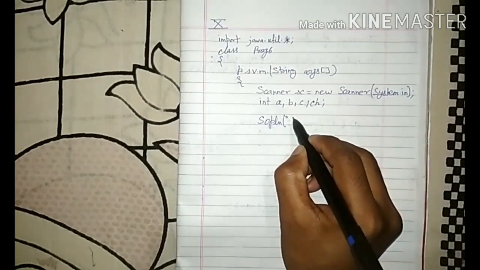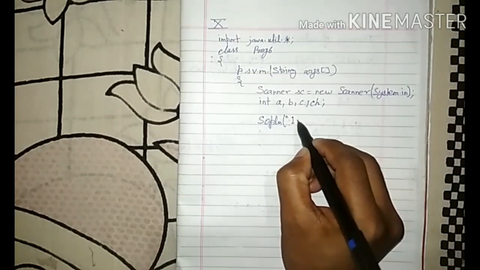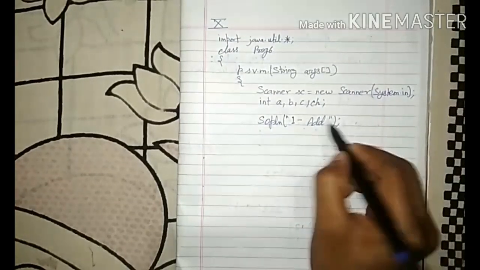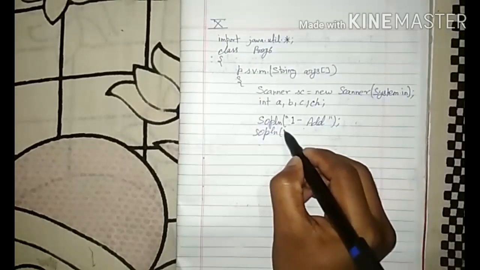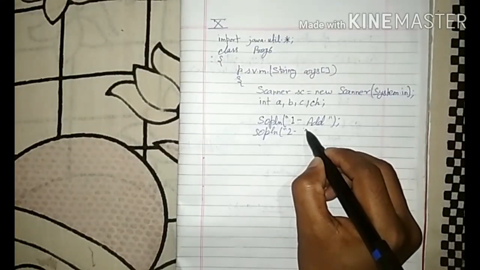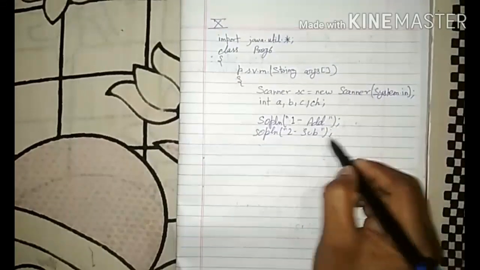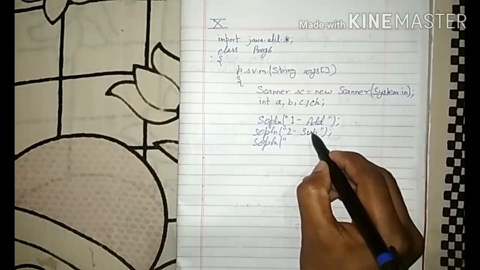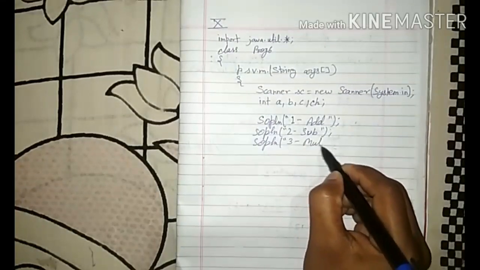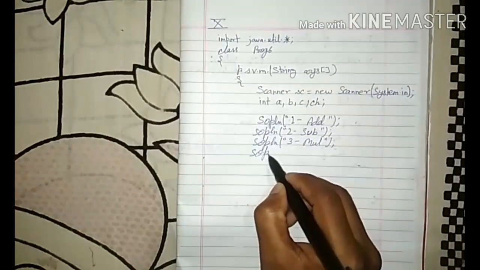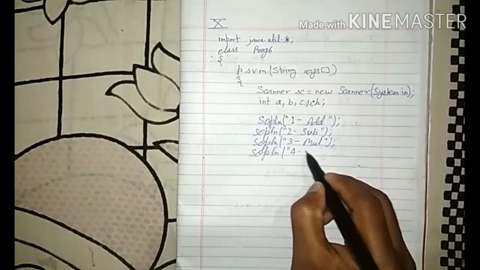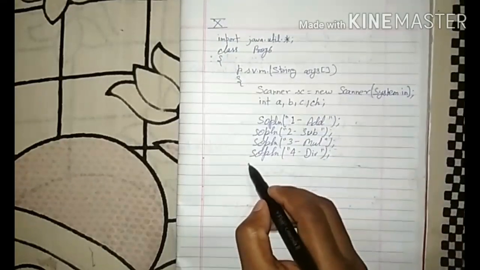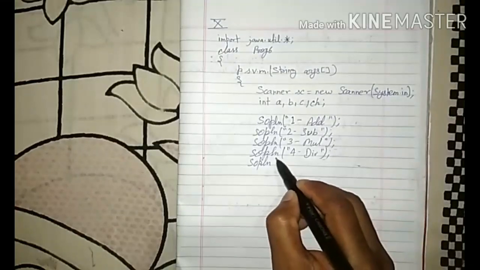Then first we have to design the menu, so I am writing 1 for add, sopln, 2 for sub, sopln, you can write the full form, addition, subtraction, sopln, 3 for mul, multiply, sopln, 4 for div means division, and these are the menus.